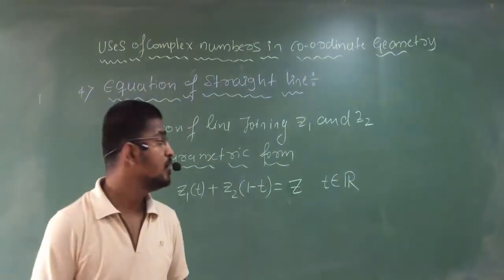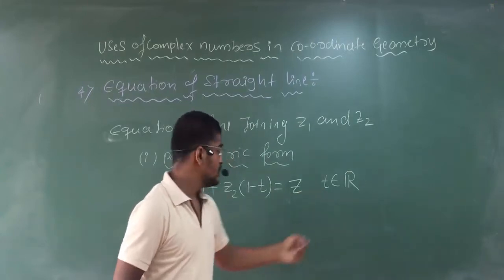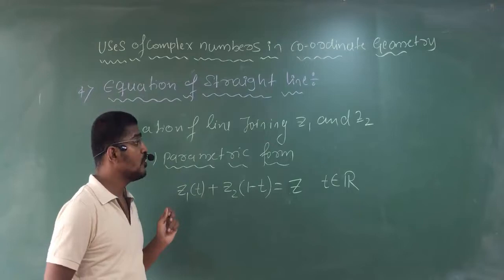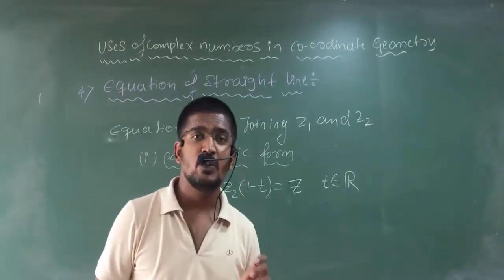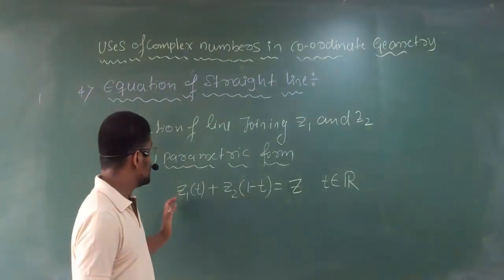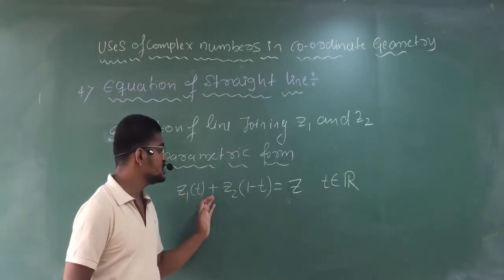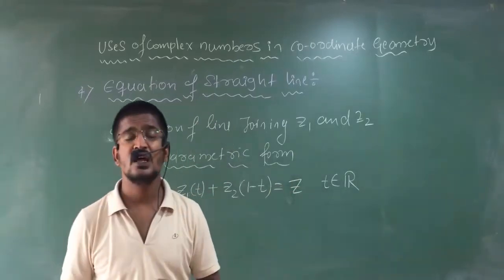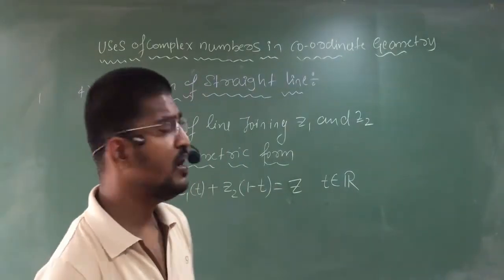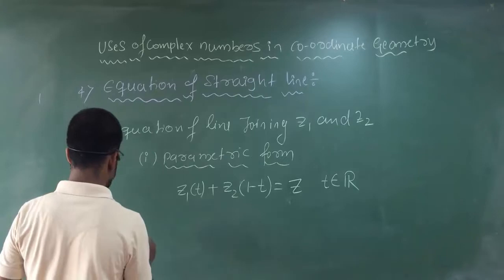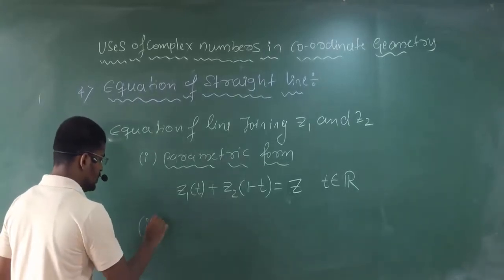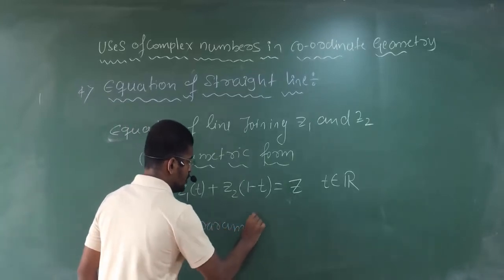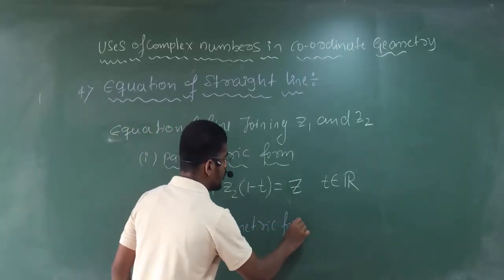Please remember that t is a real number, and Z1 and Z2 are complex numbers. So the parametric form of a straight line in the complex plane is Z1 t plus Z2 (1 minus t) equal to Z, where t belongs to the real numbers. Next, the second one, the non-parametric form.